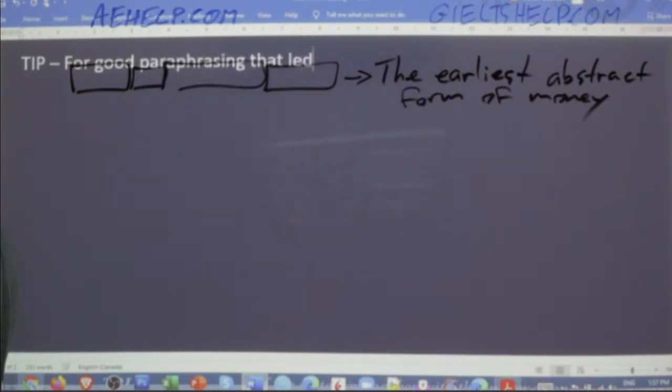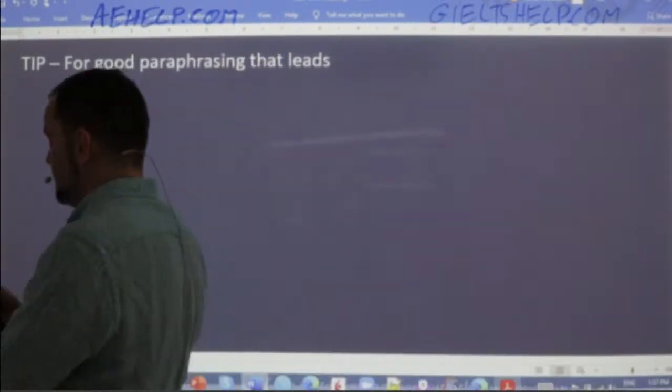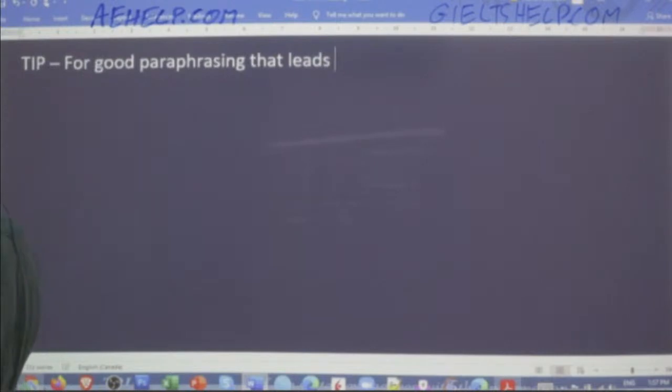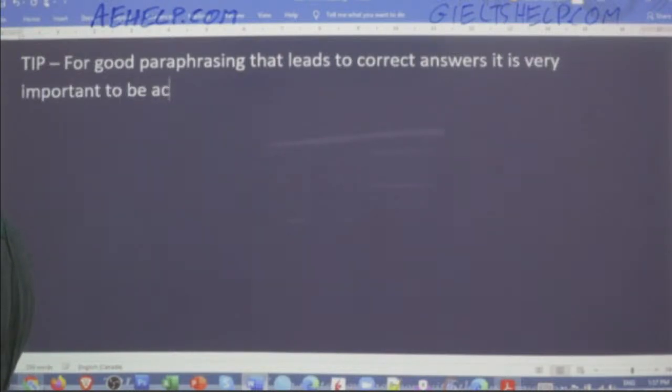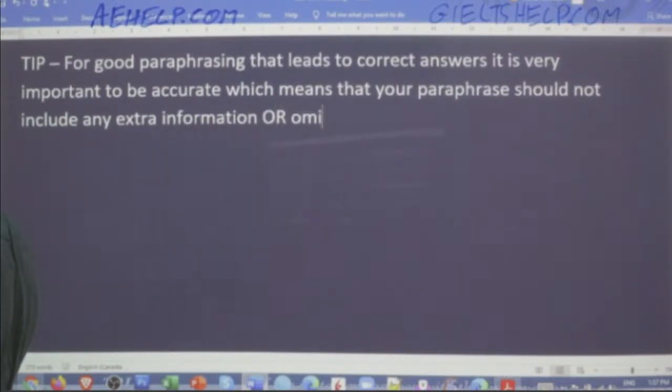For good paraphrasing that leads to correct answers, it is very important to be accurate, which means that your paraphrase should not include any extra information or omit any important information.